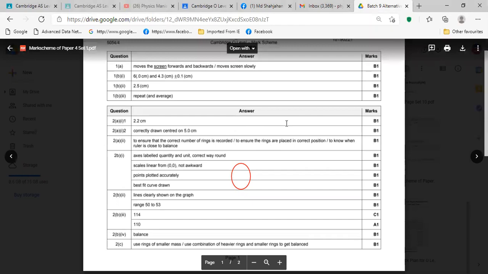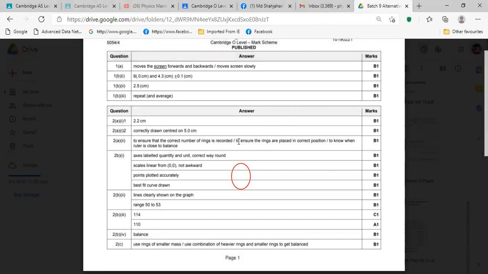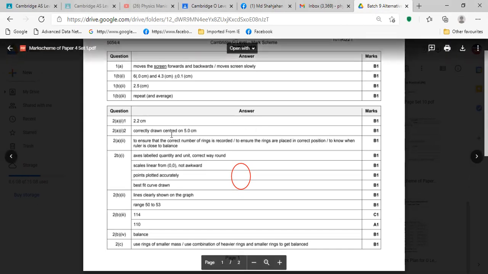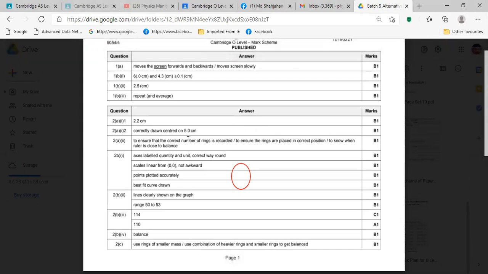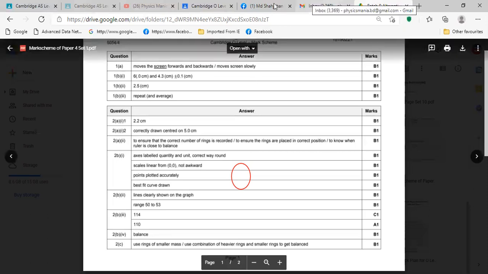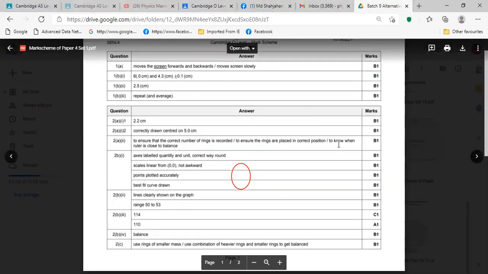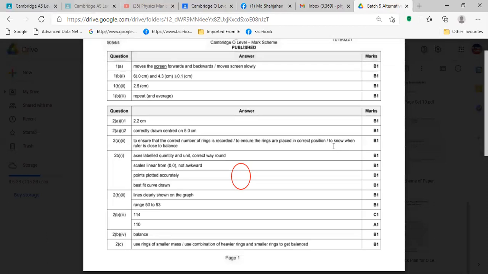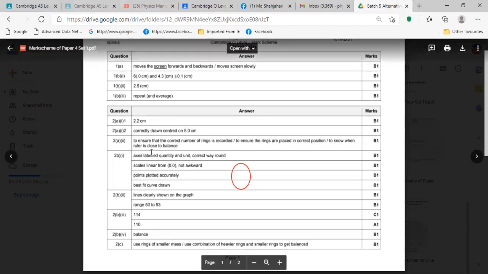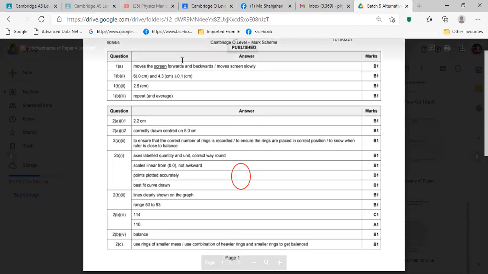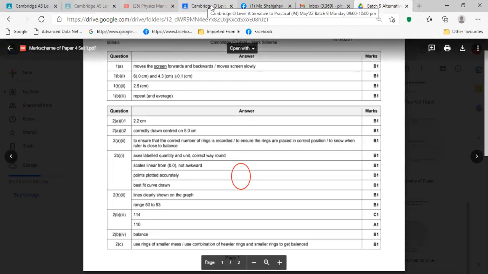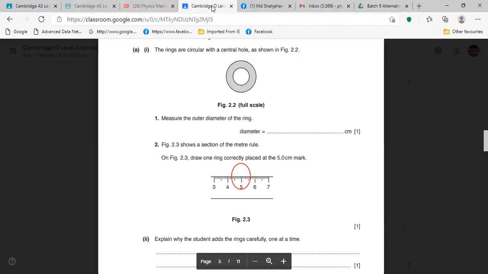So that means perfect equilibrium. And the last one is very close to your answer: to know when the ruler is close to balance. So, sir, would I have got marks or not? Yeah, you will.